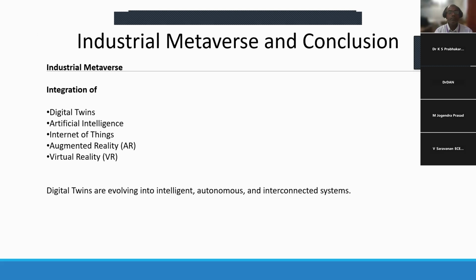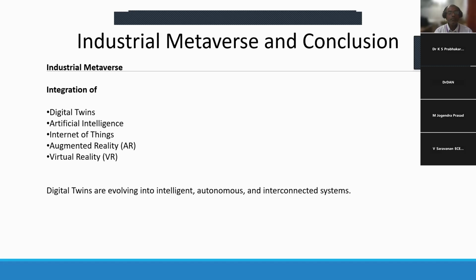The next important one is the industrial metaverse. Industrial metaverse means it combines all these digital twins with artificial intelligence, IoT, augmented reality, and virtual reality.